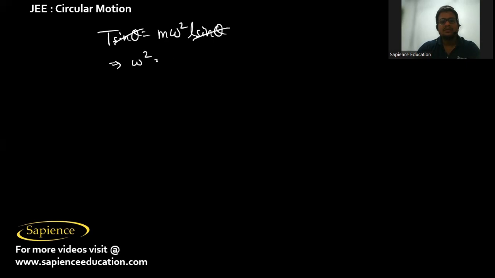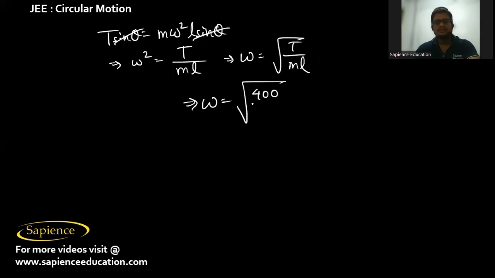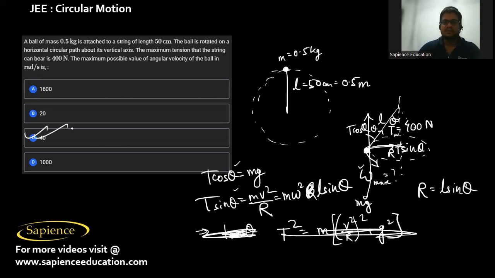Then omega square is coming T by mL, so omega will be equal to root over T by mL. T is the maximum tension, 400, by m, mass is 0.5, and L is also 0.5 meter. So the root will be 400 by 0.25, which gives 40 radian per second. So option C is the correct answer.